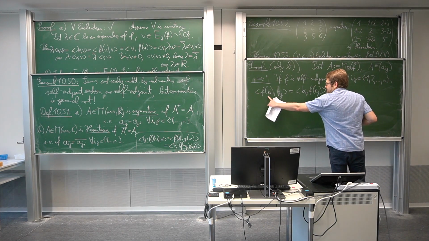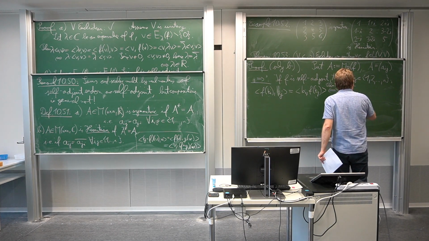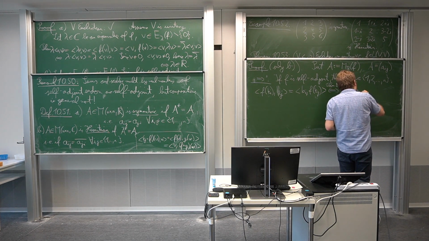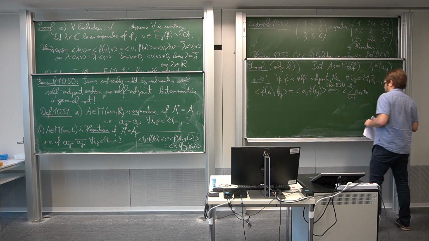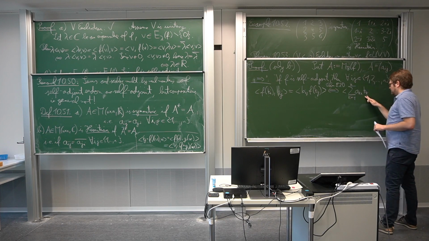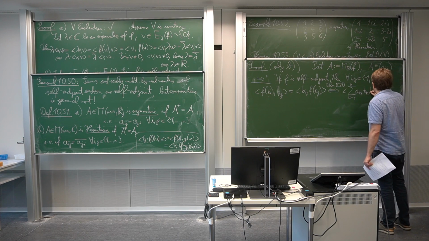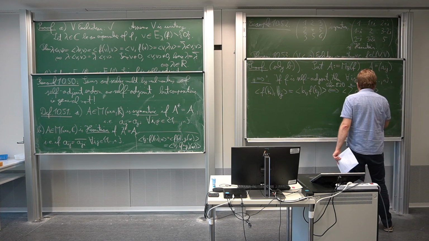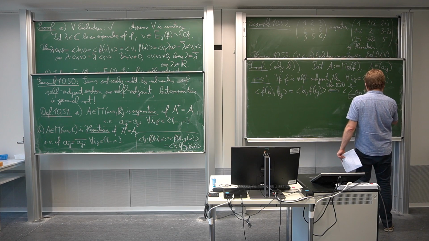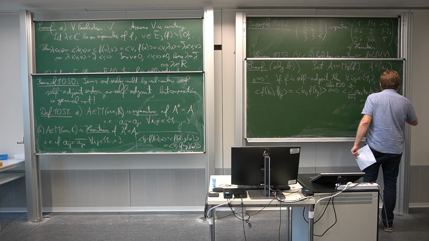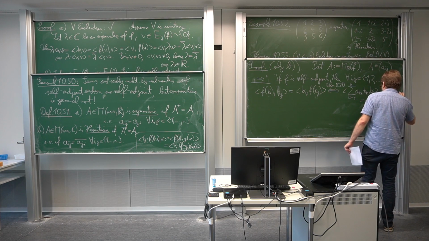We now know, since this is a basis vector, that f(b_i) is the sum from k equals 1 to n of a_ki times b_k. So this is a linear combination of the basis vectors, and these entries are the entries from the ith column. So <f(b_i), b_j> is, by this identity, the same as <b_i, sum over k equals 1 to n of a_kj b_k>.